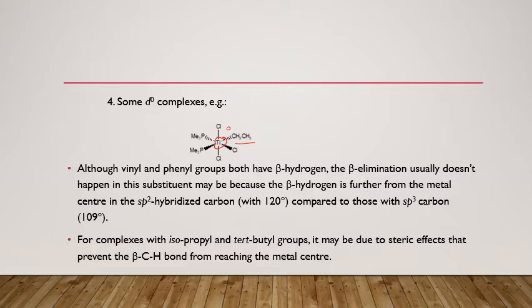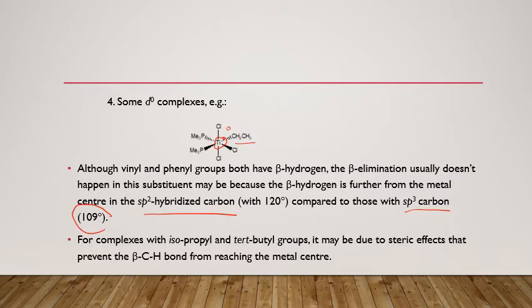Although the vinyl and phenyl groups also have beta hydrogen, why can't beta elimination occur? This is because the vinyl and phenyl groups are sp2 hybridized carbons. So the hydrogen attached to the beta carbon is much farther away compared to the sp3 carbon.